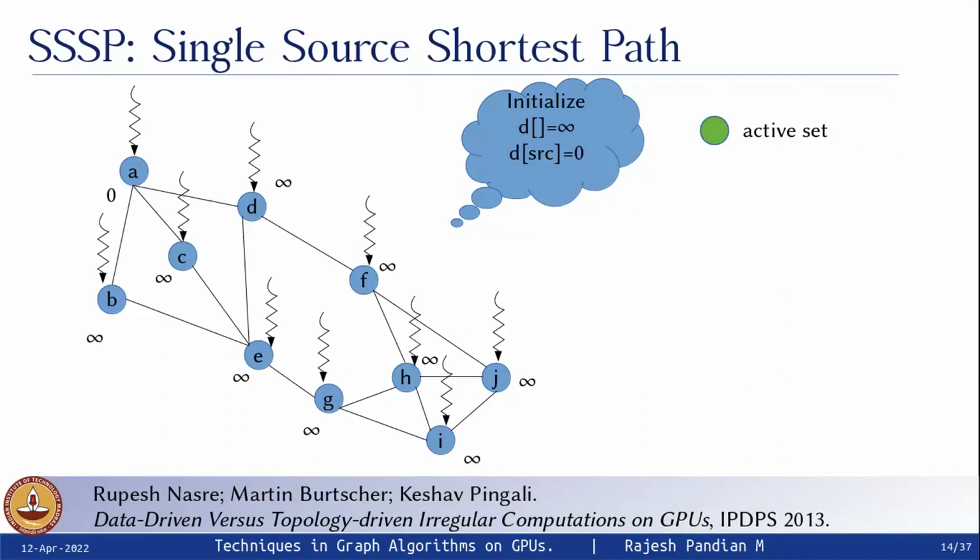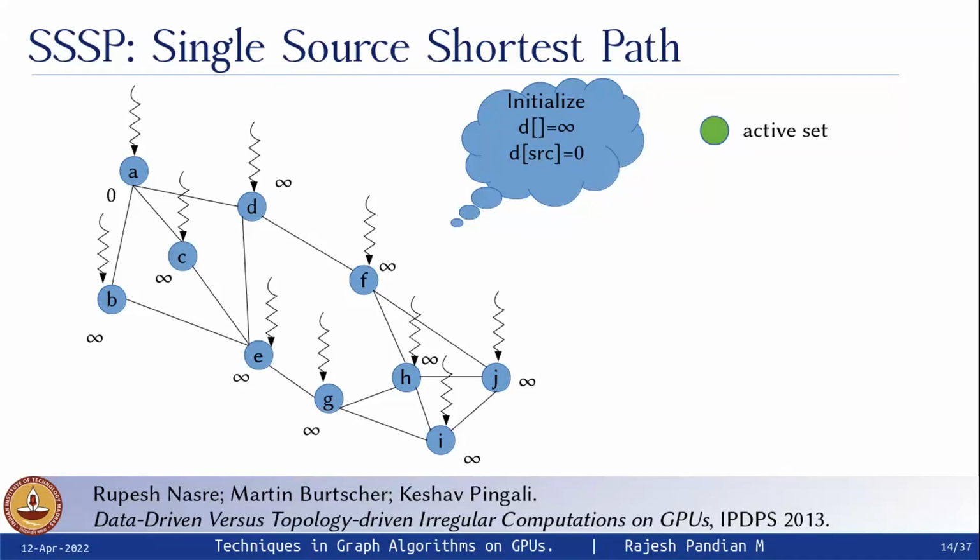We'll initialize the distance arrays to infinity by launching n threads, and set the distance for source to 0. So this is the initialization step in single source shortest path. In addition to distances, we could as well calculate a parent array or a predecessor array, which I'm not explicitly mentioning here, but we could still do the same here, right?